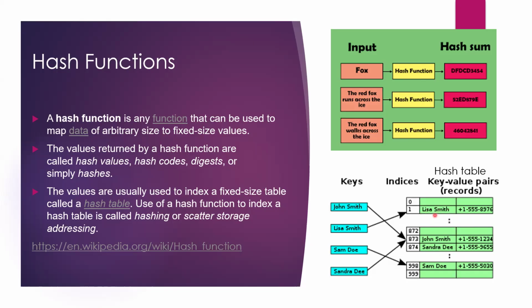Now, if we know that it is common that we search by name, then we can create another index other than the numeric-based index, an index that is based on the hash of that object. So we take that object, send it to the hash function, take the hash sum, and use the hash sum as the index. In that case, instead of finding an object by name in O of n complexity, we can find it in O of 1, a constant, just like a number.